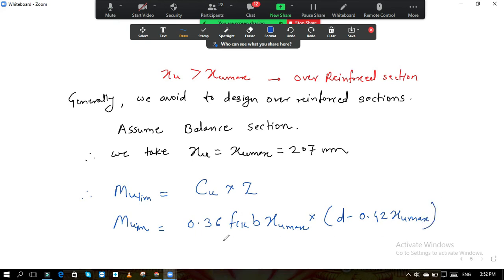Okay, so here if we put the values, then Mu limiting, that is MR, moment of resistance, equals 0.36 into fck, which is 20, into b. What is the value of b? We have to check what is given.